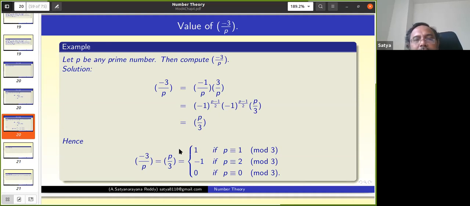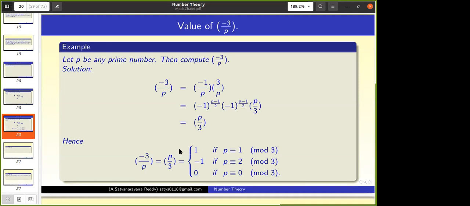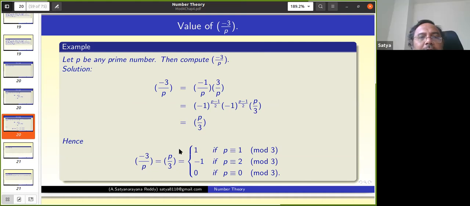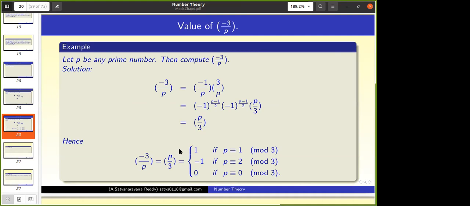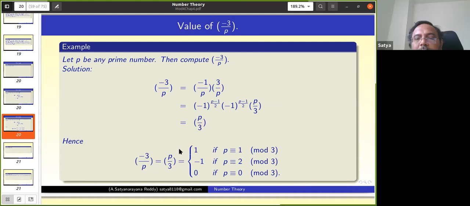Is it a little fast? Sir, the last case cannot happen, right? The last case is zero, which I will not take up. That happens only when p equals 3 itself. That is the only case. So leave that case. I said p is any prime, so I needed to give that case also. That's why I gave it.